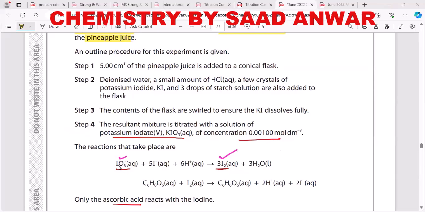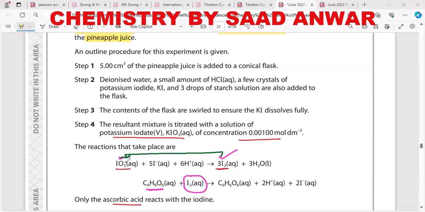The harder concept of this question is that I need to find the moles, or amount, of this acid. For this, I need iodine moles. And how can I get iodine moles? I need to compare this iodine with this iodate ion.